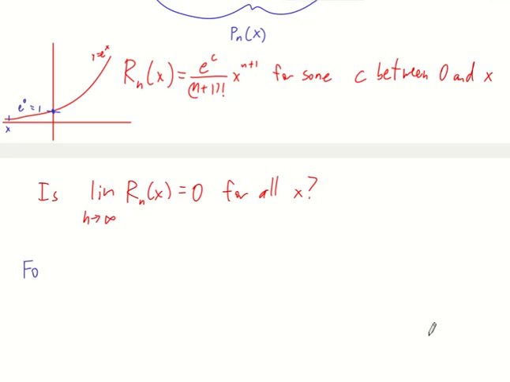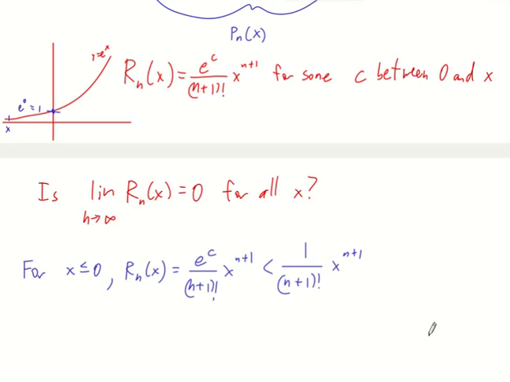For x less than or equal to 0, R_n(x) is equal to e to the c over (n plus 1) factorial times x to the n plus 1. That's going to be less than 1 over (n plus 1) factorial times x to the n plus 1, because e to the c for negative x is always going to be less than that maximum value.